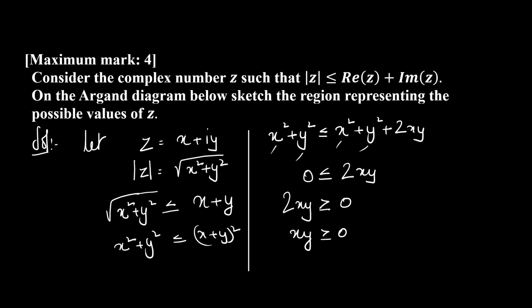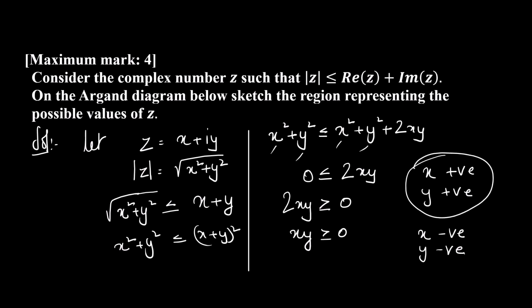If the product of two numbers is positive, then x is positive and y is also positive. That's one of the options. The other option is that x is negative and y is also negative. Now, if I wanted to plot this, this will fall in the first quadrant and this would fall in the third quadrant.